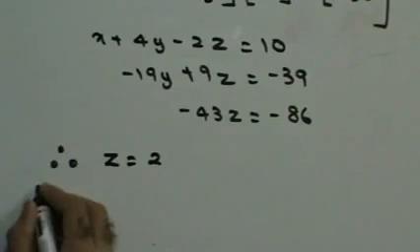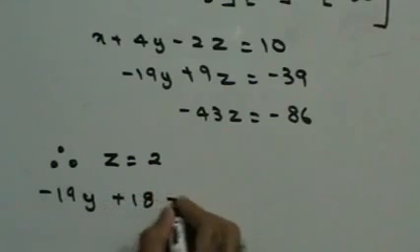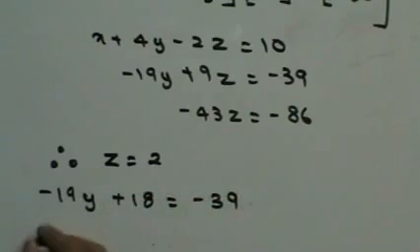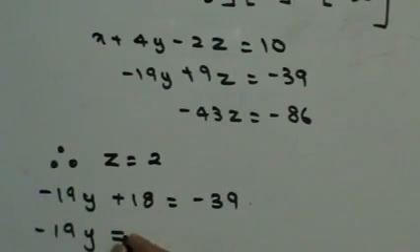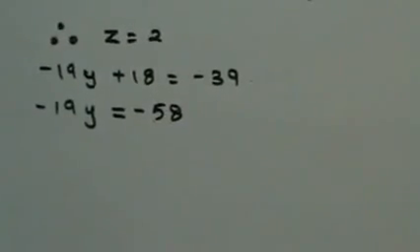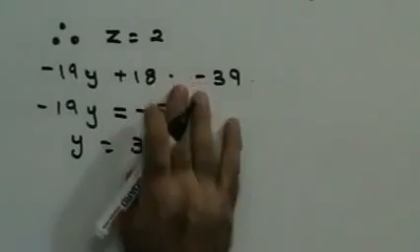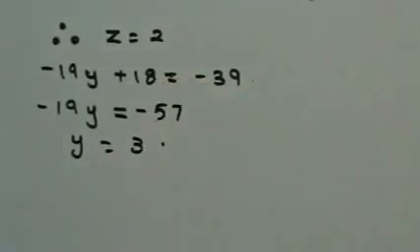Once you have Z, substitute Z. So in that case you will get minus 19y plus 18 is minus 39, minus 19y is minus 57. So y will be equal to 3.